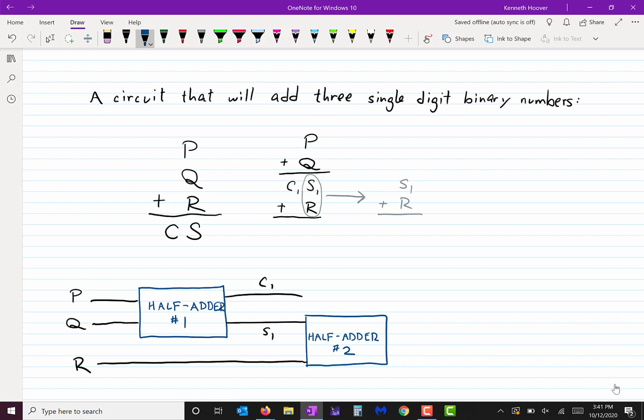Okay, now let's talk about what's going to come out of there. So remember I said we're going to get, okay, I should go ahead and write 2 lines coming out because we know that 2 digits are going to come out. Okay, let's call them C2 and S2. So up here in gray I'm going to write C2 and S2.